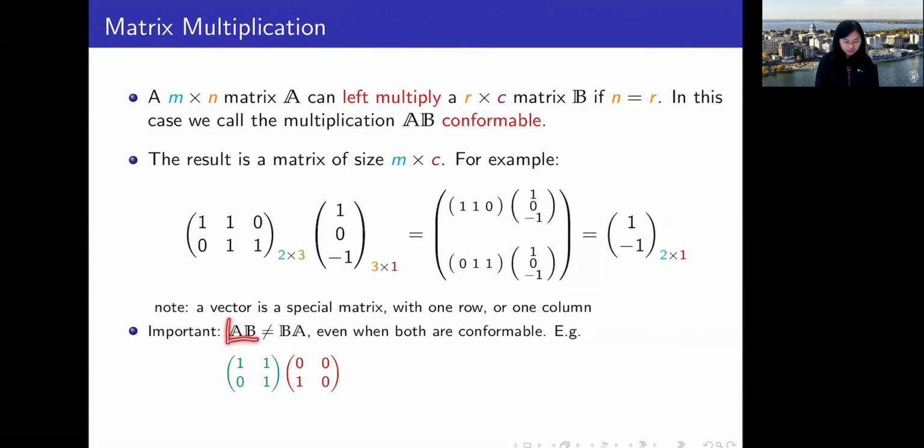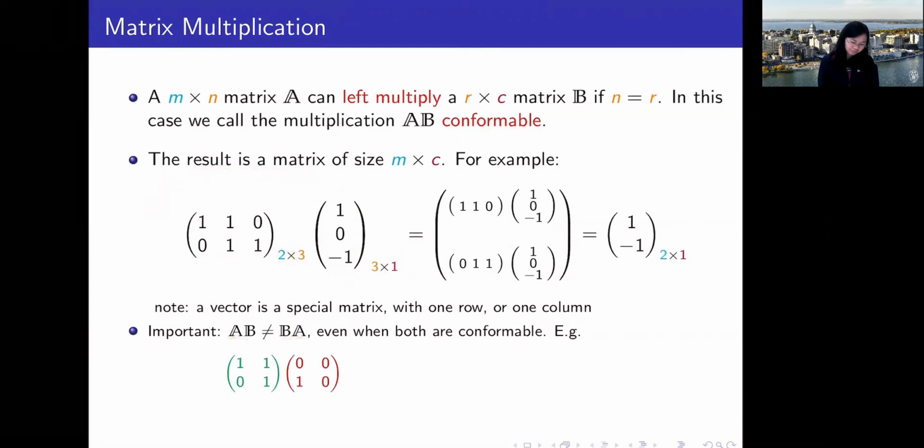Sometimes the matrix product AB is conformable and BA is not conformable. For example, if this is A, this is B, then AB is conformable, but if you move this to the right, then that multiplication is not conformable because this 1 is not equal to 2. So clearly in that case, AB is not equal to BA.